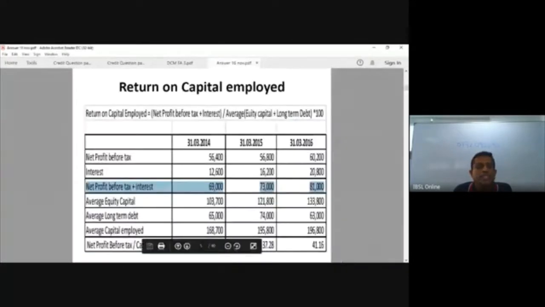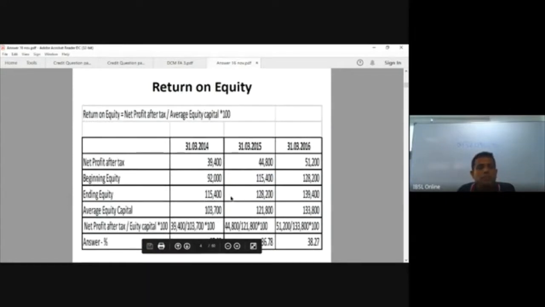Then you need to calculate the average capital employed. Average capital employed comprises two parts: one is average equity capital and the second one is average long-term debt capital. Average equity capital we have already calculated in the previous ratio.